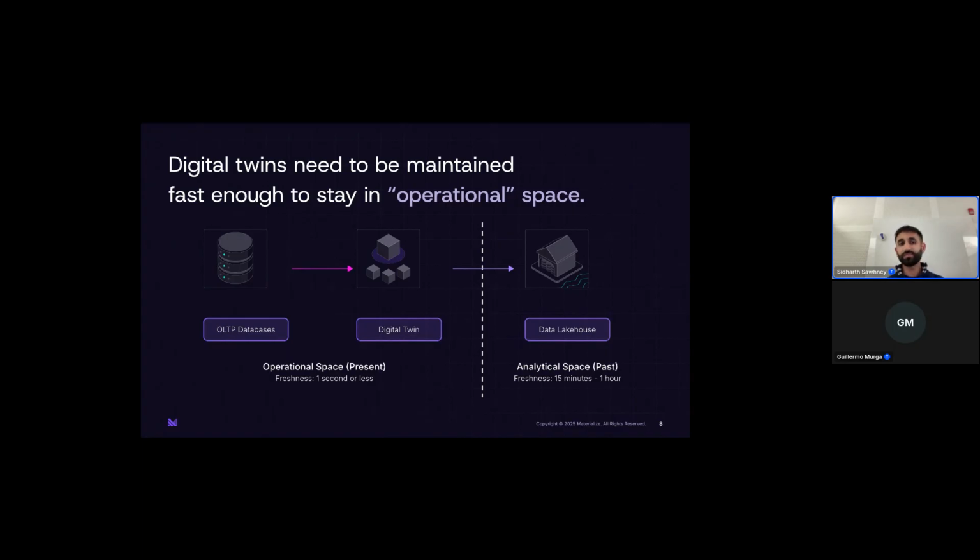At the same time, these digital twins can then also push out this data eventually into your data lakehouse or data warehouse for historical processing that isn't as time sensitive as the AI agent use case can be. And the key really is that digital twins have to be fresh and correct, and they always need to be up to date in order for a lot of these AI agent use cases to really function.